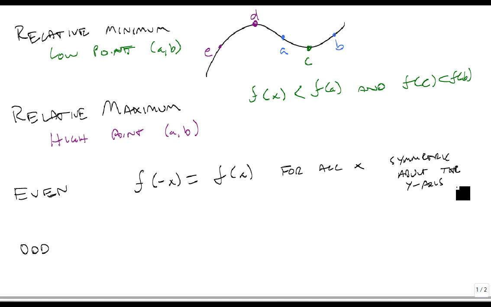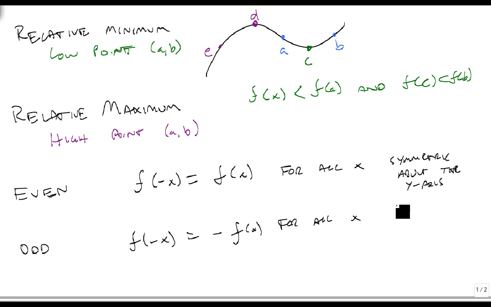An odd function, on the other hand, is when minus f of x equals f of x. Oh, no, did that backwards. When f of minus x, there we go, equals minus f of x. When we plug in a sign change on the input, it's the same thing as a sign change on the output for all x.